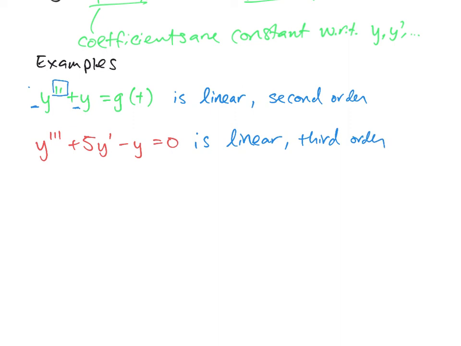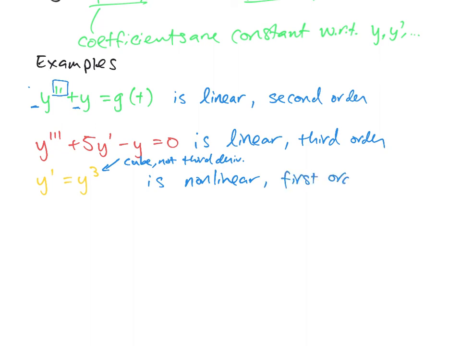And one more example. y prime equals y cubed. Now we have something a little bit crazy going on. First notice that this is a cube, not third derivative. So this equation is nonlinear. But you can still talk about the order, and it is first order.